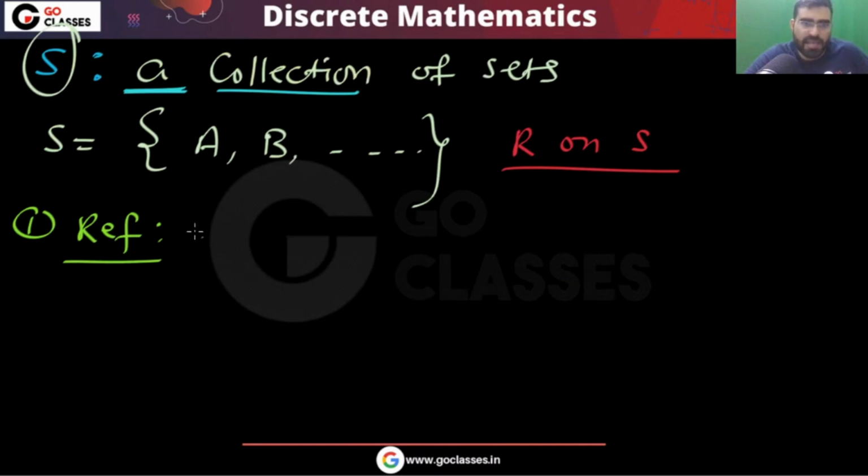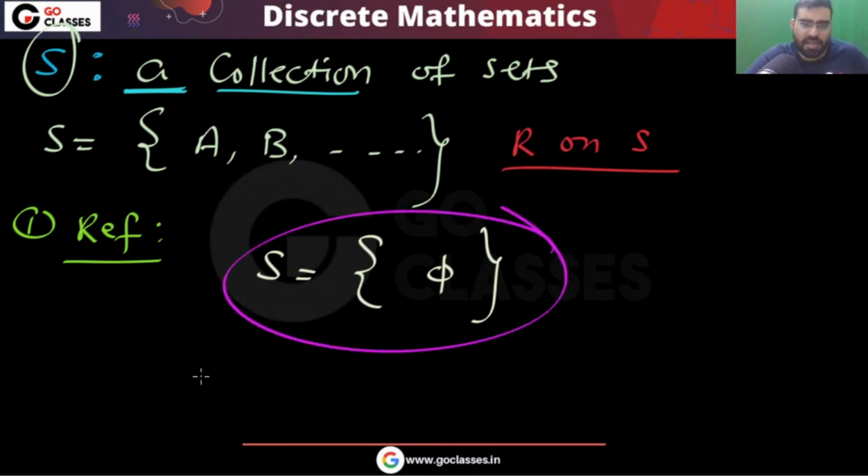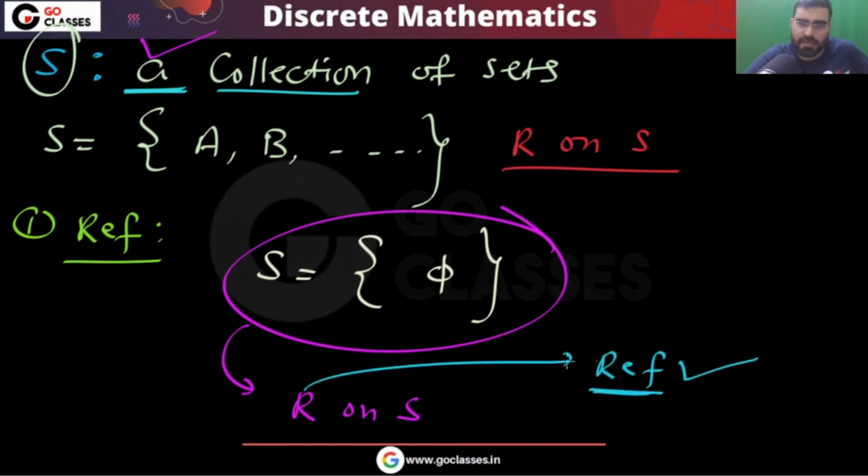Why? If you take a particular S, if you consider this S in which you have only the empty set. Because the question is saying S is a collection of sets, if S is this set, then if you define R on S, definitely this will be reflexive.